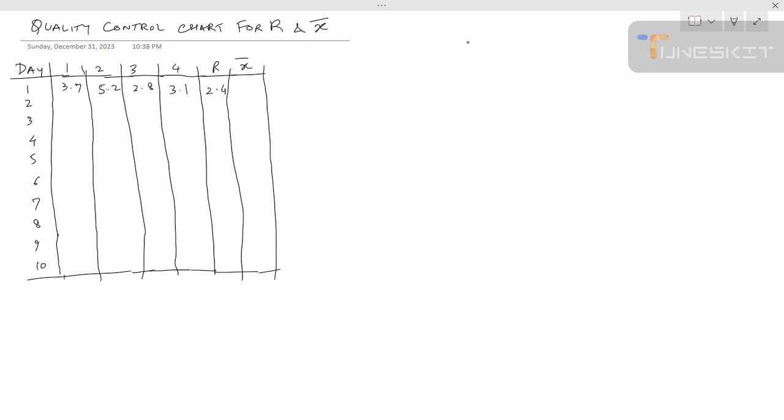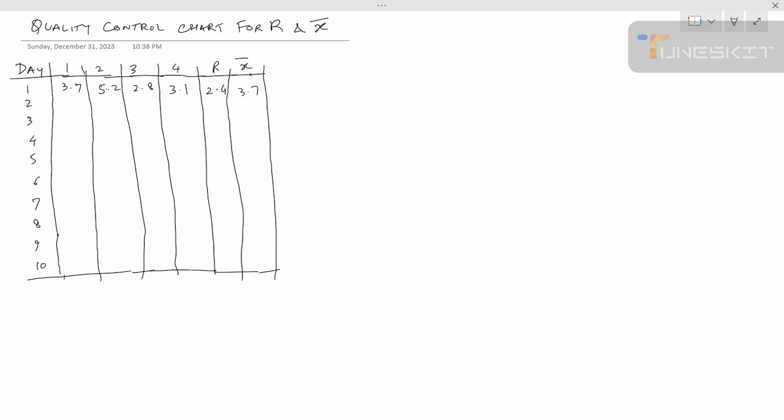And as far as x bar is concerned, we need to add all the values and then divide this by 4, and this gives us 3.7 minutes.